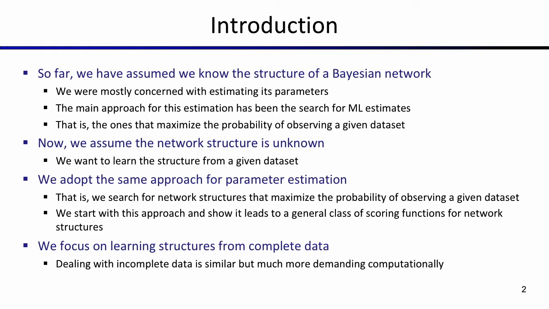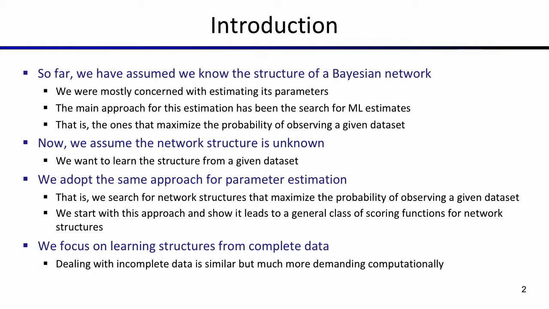That is basically the probability of each case given by the Bayesian network, by our current model. And we multiply those probabilities for each training example that we have in the training set. And we seek the model that has the maximum likelihood. So we could interpret this as a search for the model that best explains the training set.